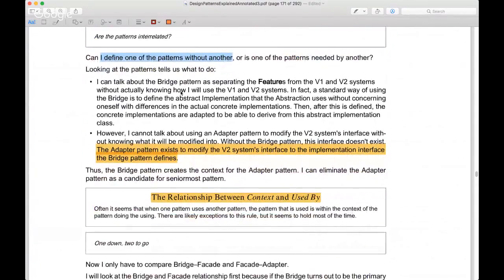Well, let's take a look. I can talk about the pattern as separating the features from the V1 and V2 systems without actually knowing how I will use the V1 and V2. In other words, we can use the bridge to define the abstract without concerning ourselves with the concrete. Then after this is defined, the concrete implementations can be adapted, so we're already getting verbal cues about what's going to happen here.